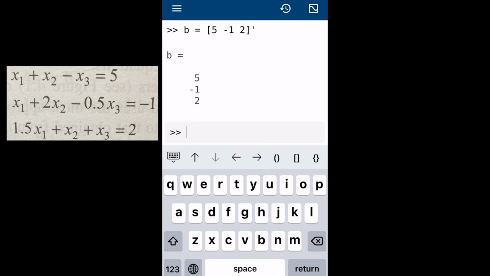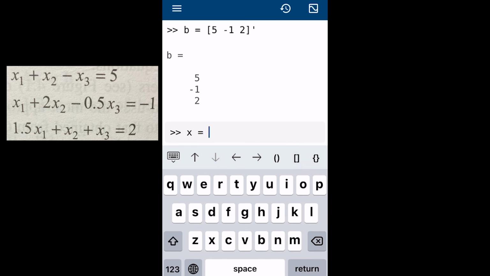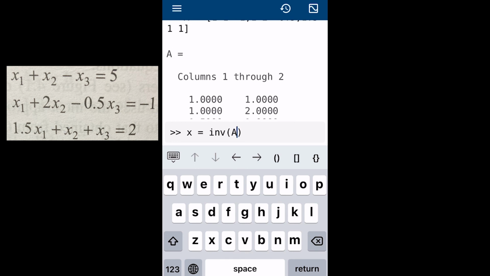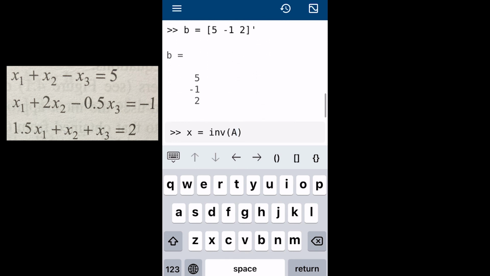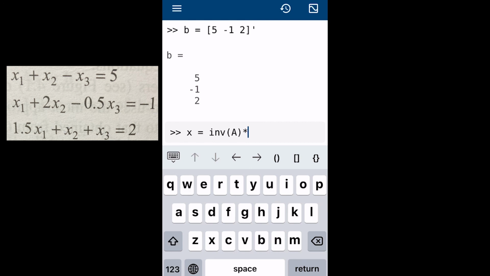So what is the solution? The solution will be x equal to inverse of A into B, right? In Matlab you do it like this. You have to call the inbuilt function inv. What is the matrix? A. Make sure it is capital A, because you have defined the matrix as capital A, not small a. You have to type the letter exactly, okay? And then star, and the vector B. This is how you calculate the solution of x.